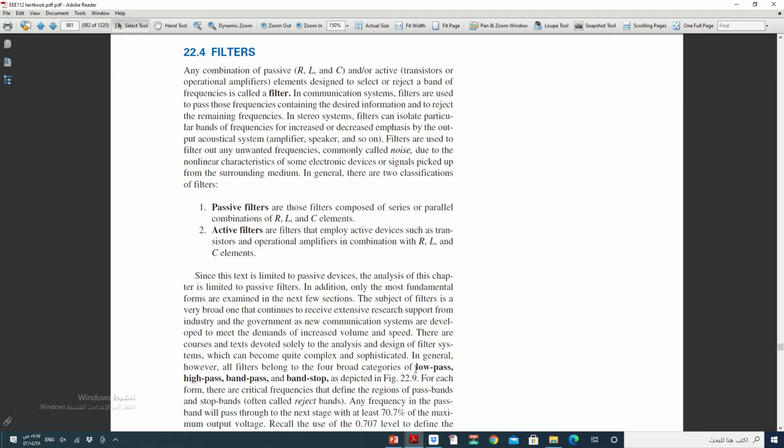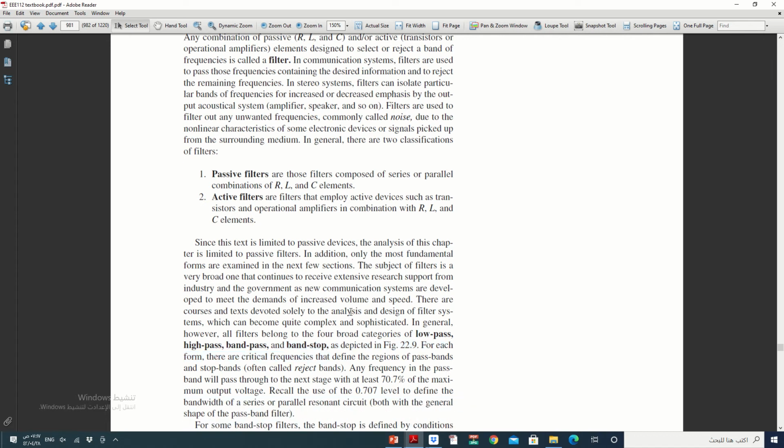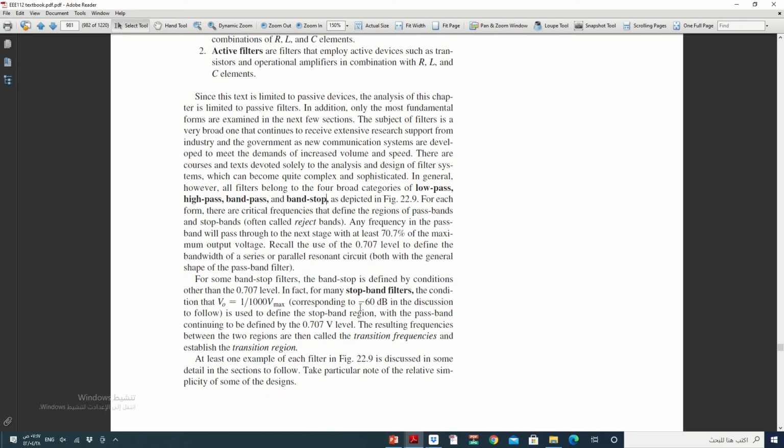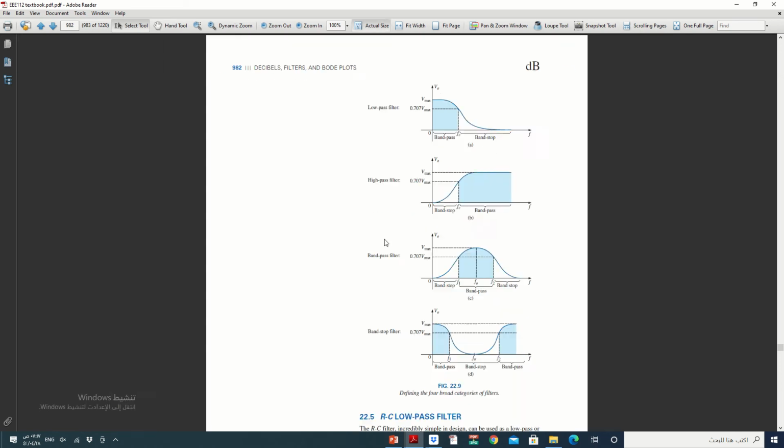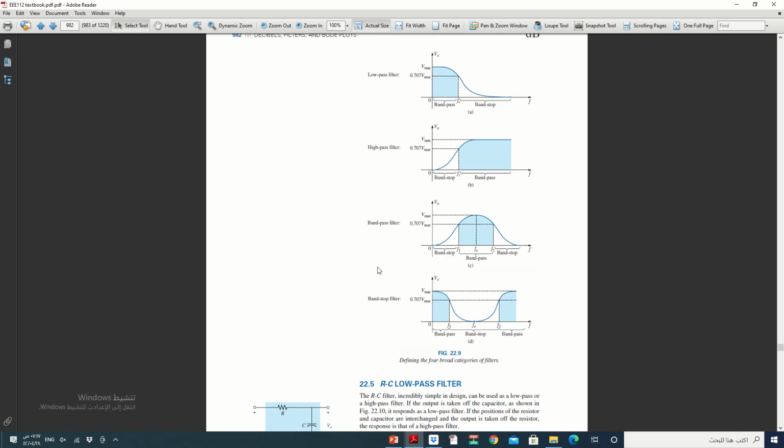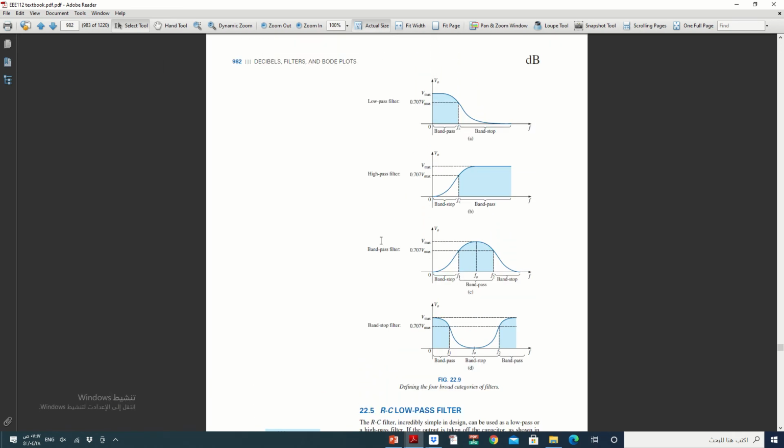We said four types: low pass, high pass, band pass and band stop. You can see in the next page the difference between each type. Low pass will allow frequencies from 0 to the cutoff frequency.